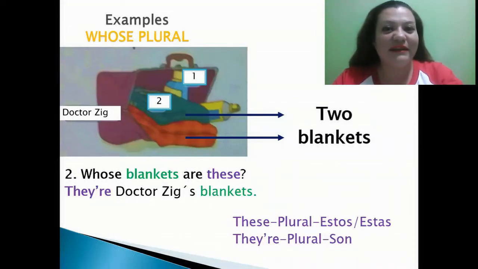And at the beginning of answering the question, we are going to use they are. So I hope that you have noticed the difference between each one. And remember to practice asking questions about whose belongings are these.